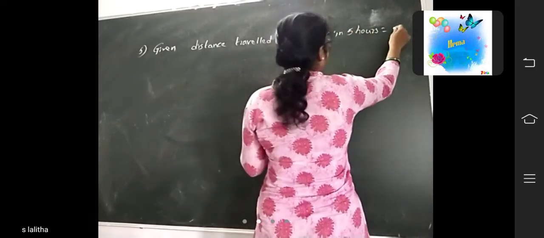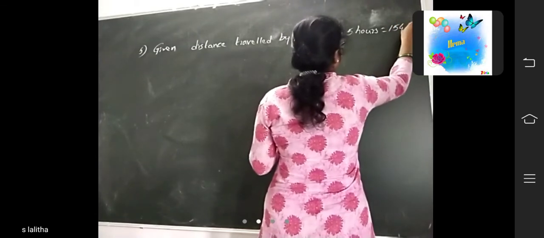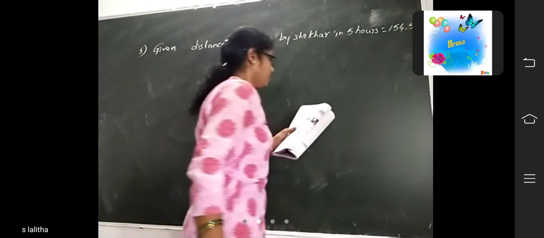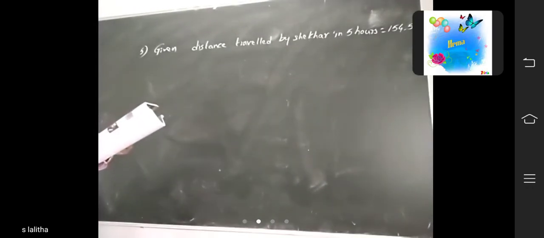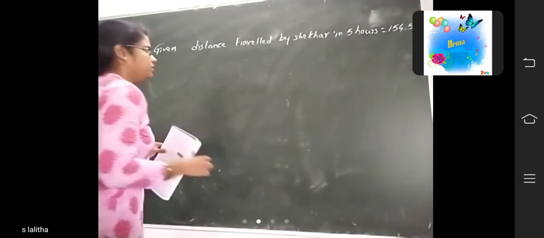How much distance he traveled? 154.5 kilometers. Now you have to find distance traveled in 1 hour.